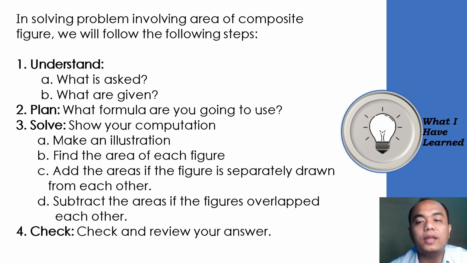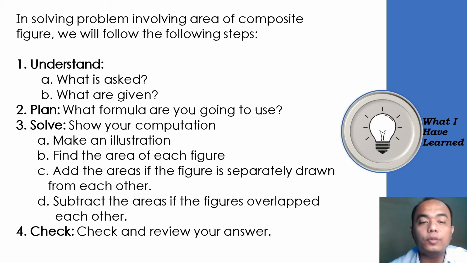Now, let's read the what I have learned part of the module. In solving problem involving area of composite figure, we will follow the following steps. Number 1, understand. In understanding, you have to answer what is asked and what are given. And in planning, step number 2, what formula are you going to use? And then in solving, you have to show your computation.